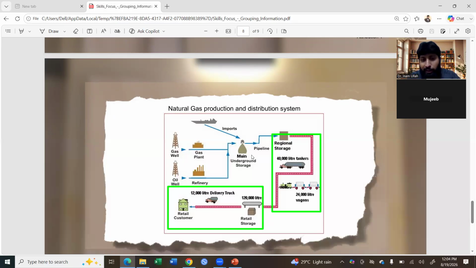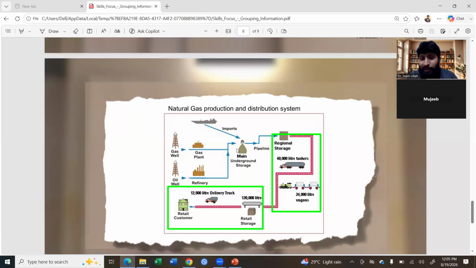Then as you can see here, main underground storage and regional storage. These storage facilities are again the same thing, so they will go into another group. From these three sources, the natural gas is brought to these two storages. Is it clear? Yes, sir.